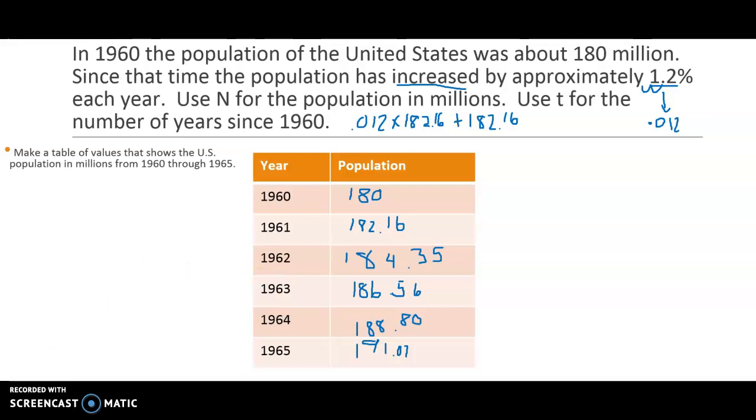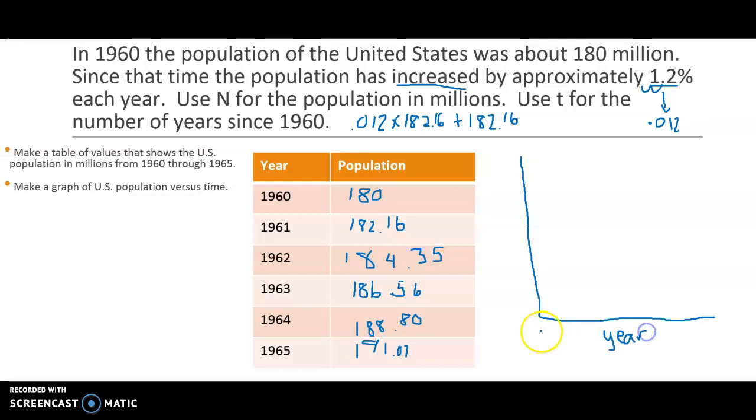So the next thing that I'm asked to do is to make a graph. So we're going to use an x and y axis. And I'm just going to use the first quadrant because we don't have anything less than 0. My first column is my year. That is my input. That is my x value. That always goes on the horizontal.